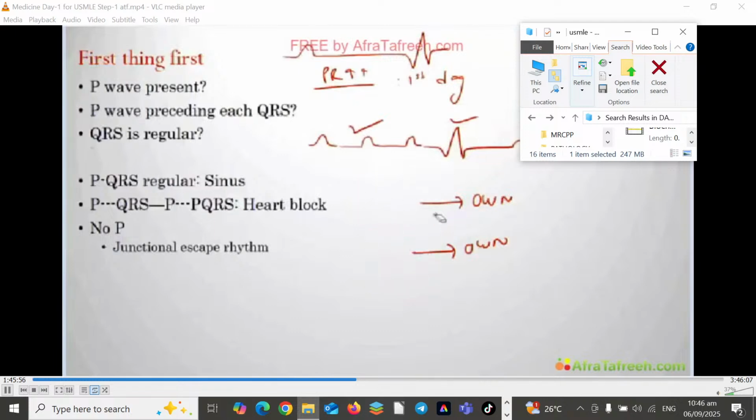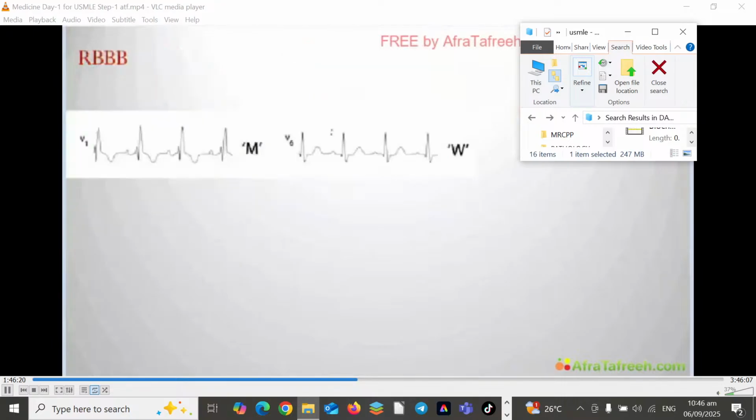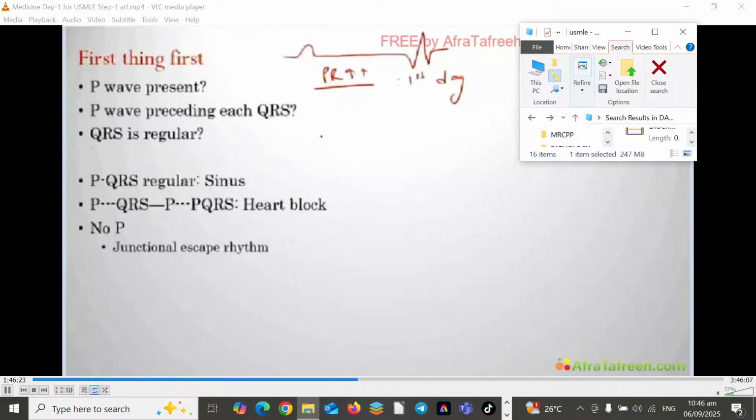Now, whichever part of the heart generates a rhythm is going to have its specific morphological feature. If this heart starts from the junction, what do you mean by the junction, it is this part.